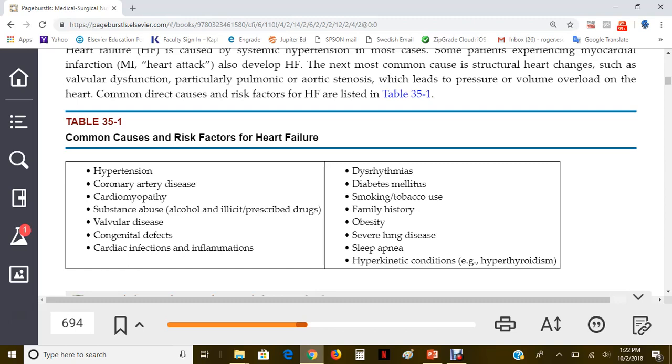Valvular disease, as previously described in the previous video, valves affect afterload if they either don't open completely or do not close completely. Congenital defects are more common in pediatrics, so I will leave that for pediatrics.